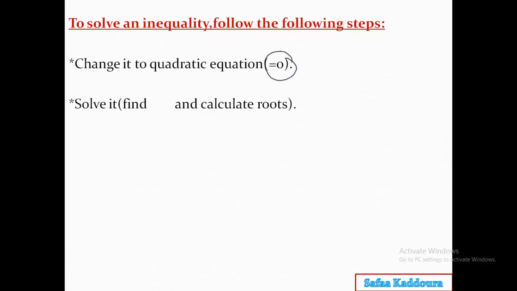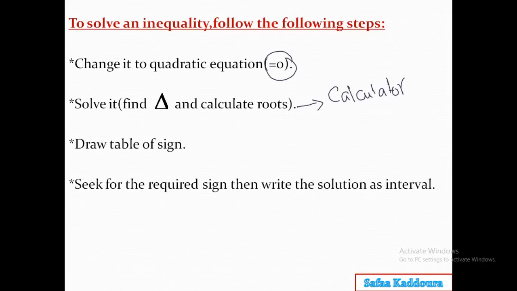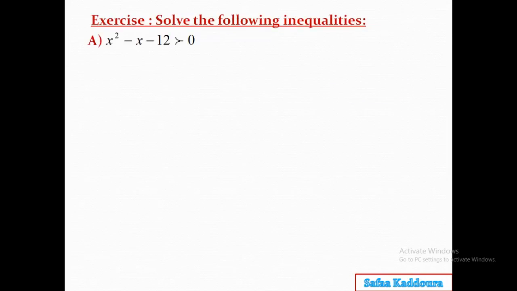Then we will solve it by finding delta and calculating the roots, but I have said that you can use the calculator. Then we will draw the table of sign, and we will look for the required sign and write the solution as an interval. I will explain more in the following examples.